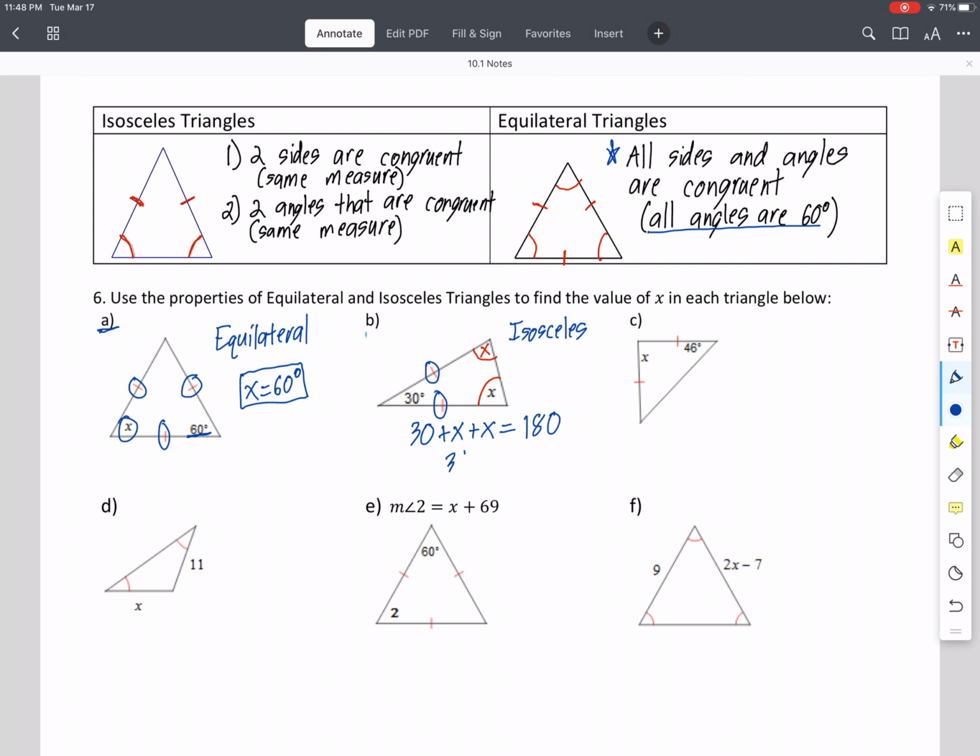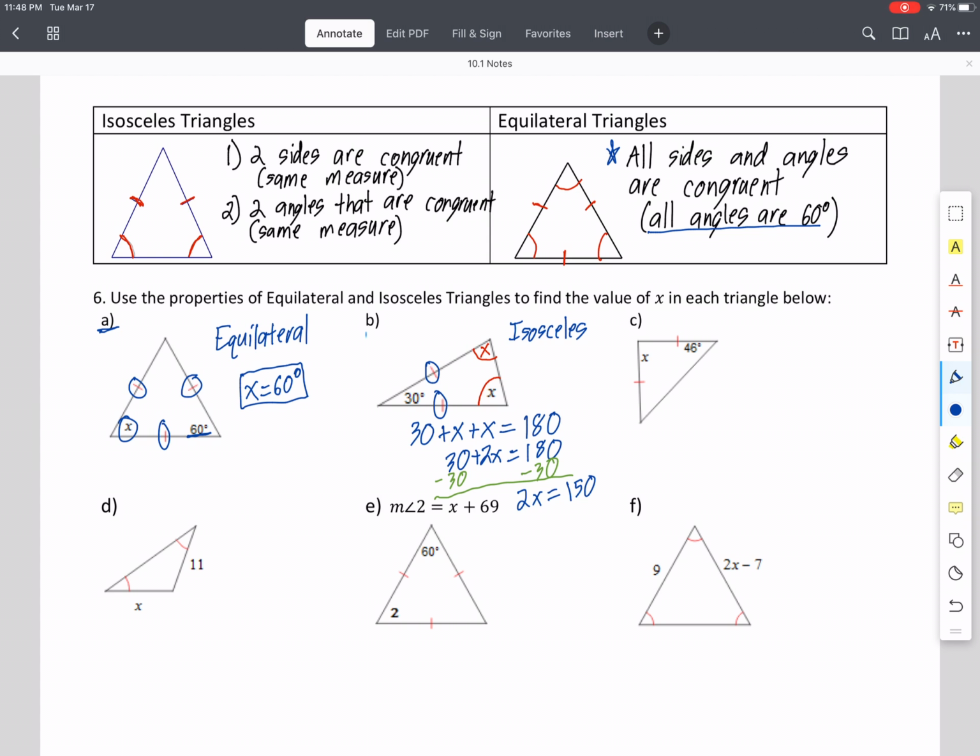So we have 30 plus 2x is equal to 180. Now we need to solve for x. So we need to get that 30 over, so we subtract 30. So then we'd be left with 2x is equal to 180 minus 30, which gives us 150.